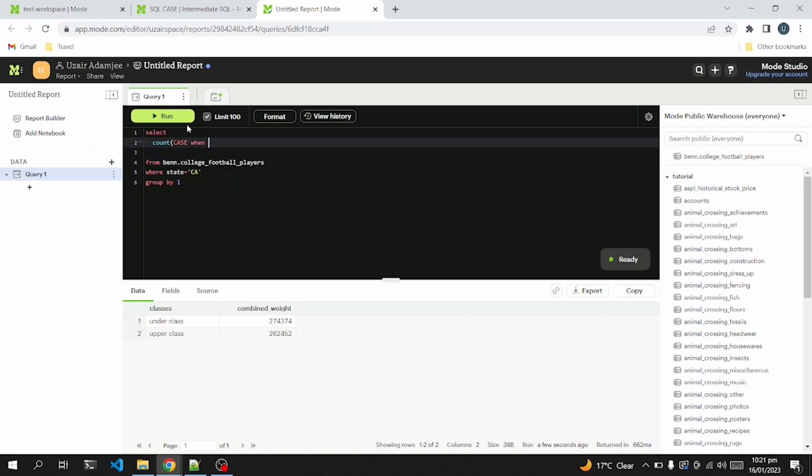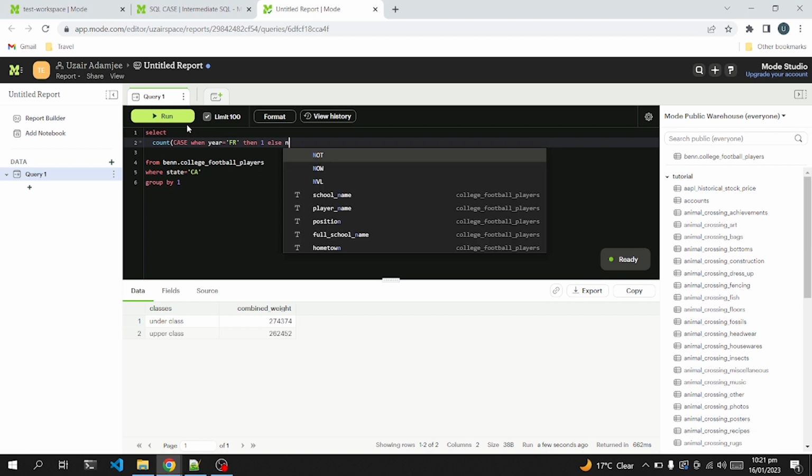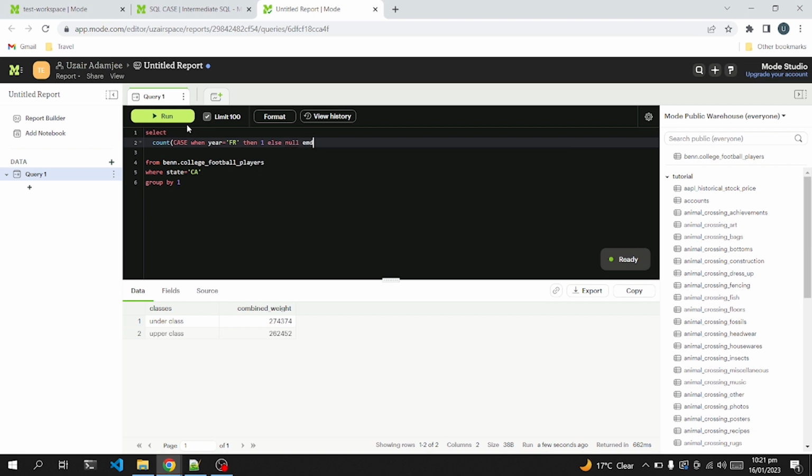Case when year equals FR, then 1, because it will basically act as an increment and sum all those values wherever the year is FR, and then it will give us the total count for it. Else null.